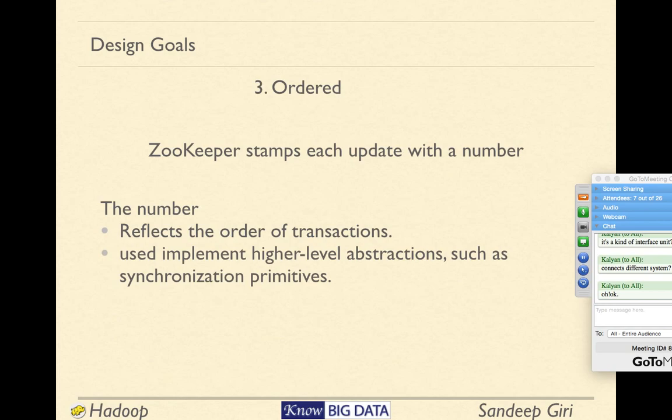All right, next is that it provides you sequential ordering of transactions. Every update, whether you are writing to ZooKeeper or reading from ZooKeeper, it maintains an internal number to record the sequence. So it can easily order the updates based on this number.